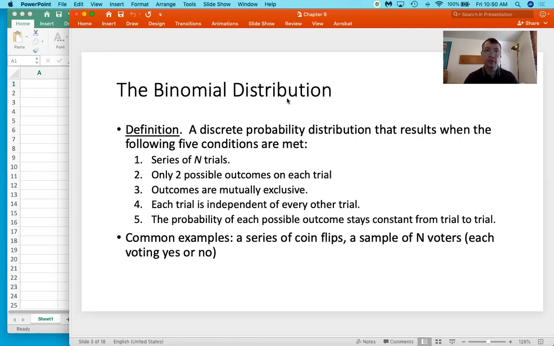You remember, statistical independence means that the probability of a coin landing heads on the second flip is independent of the fact that it landed heads on the first flip, and that's true all the way out. And each flip, the probability of heads stays the same, it's 0.5.